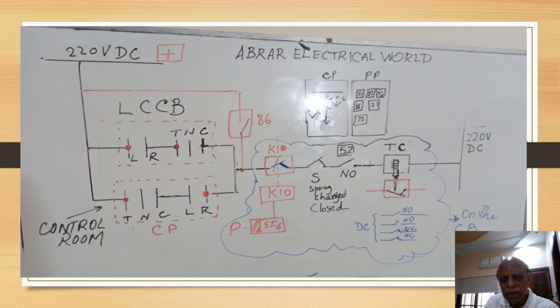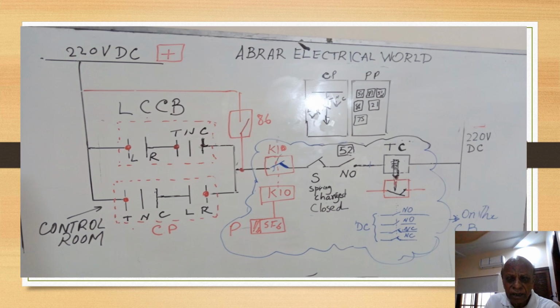And see, the trip is coming directly here. You will have the pressure switch here. It should be closed when the pressure is okay. I have shown here another contactor, that is K10. Now this number is used in Siemens drawings typically. What happens is that the SF6 pressure switch has very small contacts, maybe very low amperage contacts.